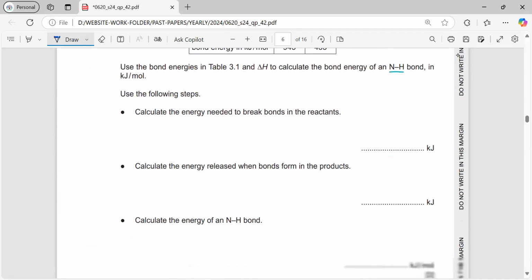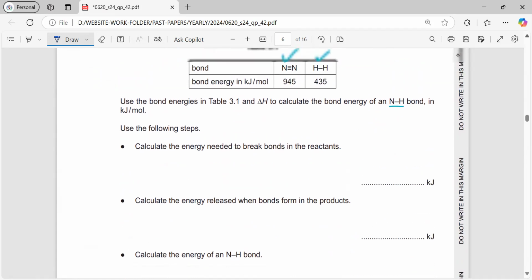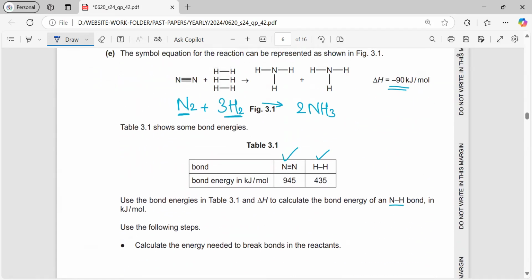Let's do it. Calculate the energy needed to break the bonds in the reactants. In the reactants, there is one N triple bond N, and as you can see, the H-H bonds are 3 here.